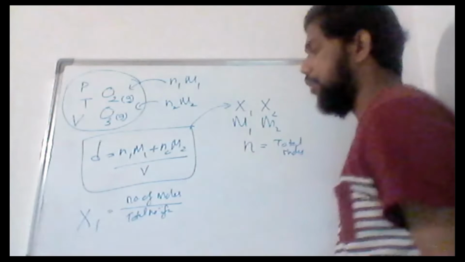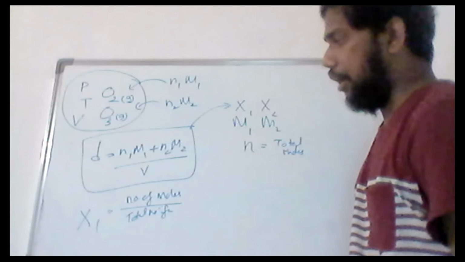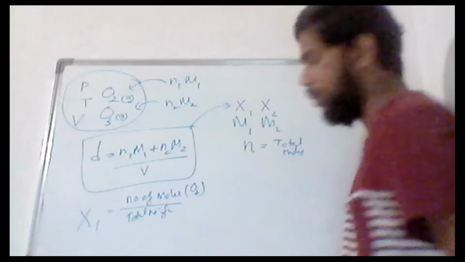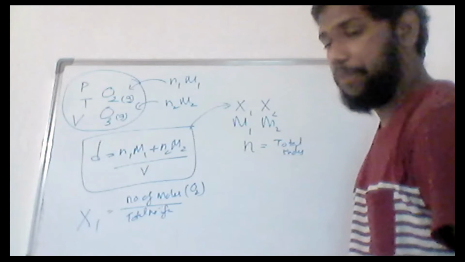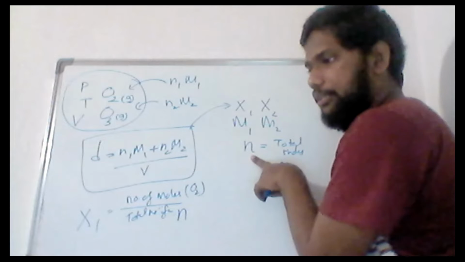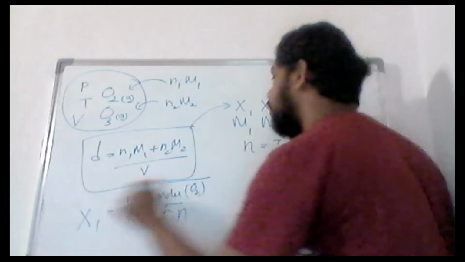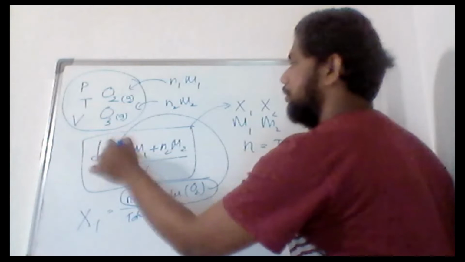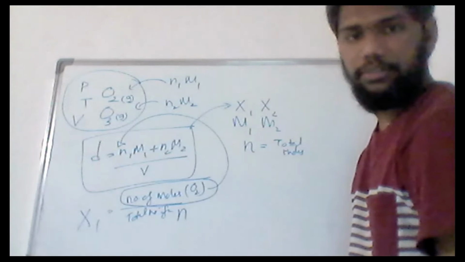It should be equal to the number of moles of O2 over the total number of moles, which is n.